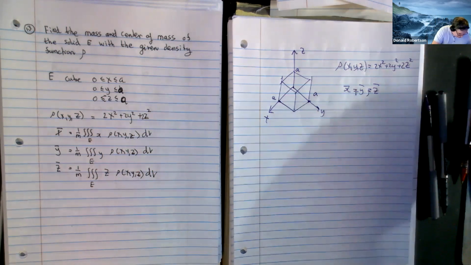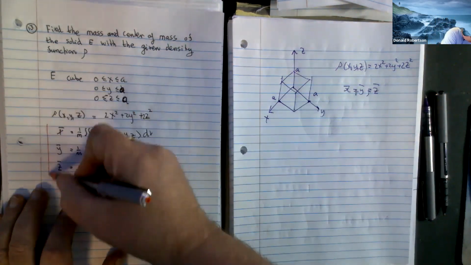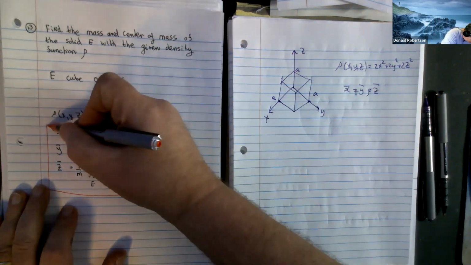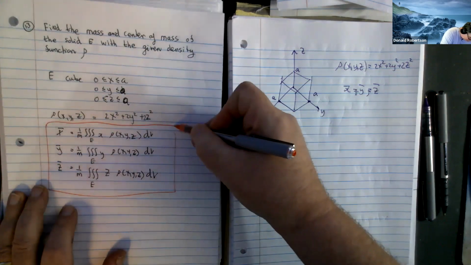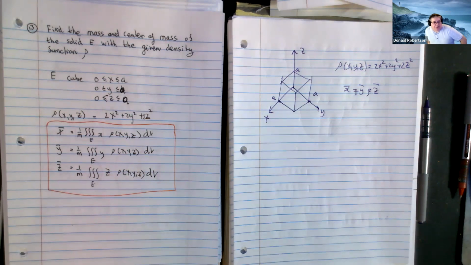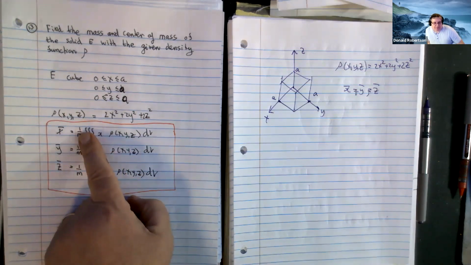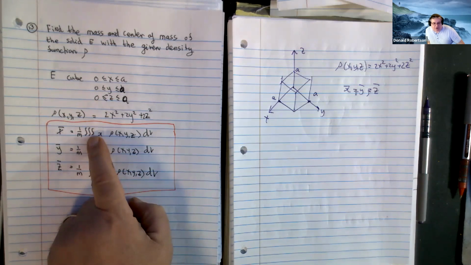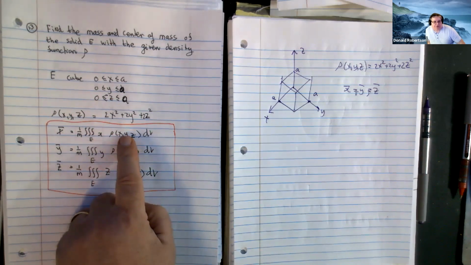Now, over here is the formula for calculating x bar, y bar, and z bar. It's 1 over m, the triple integral, x times the density function.